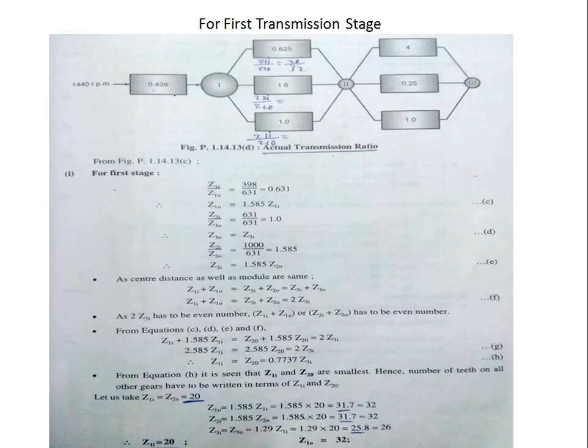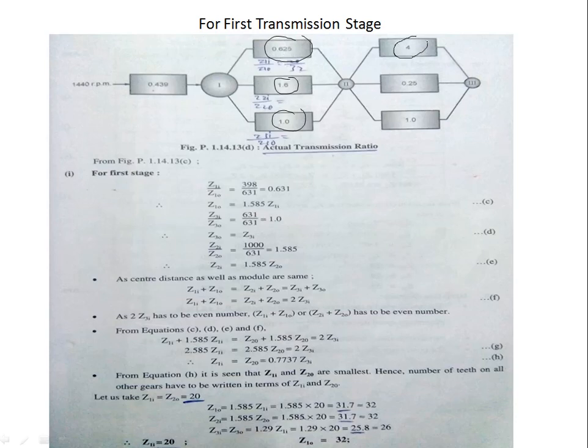If you take the ratio, in the first slide we have taken the speed ratios into consideration. This value comes around 0.625, this value comes around 1.6, and this value comes around 1. 1 means there is no speed change, 1.6 means the speed is increasing, and 0.625 means the speed is decreasing.